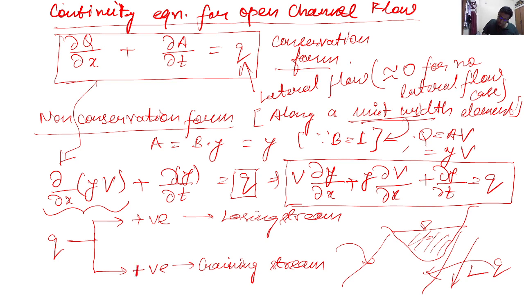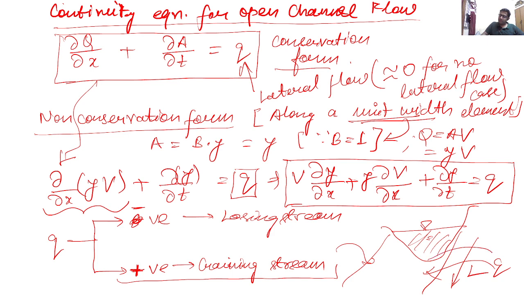Sorry, I have actually reversed the signs. For gaining stream, the q needs to be positive. For losing stream, the q needs to be negative. Okay, so whenever there is a lateral flow or lateral entry of water into the cross section, then we are terming it as gaining stream, and for that q would be positive because it's adding water to the system.